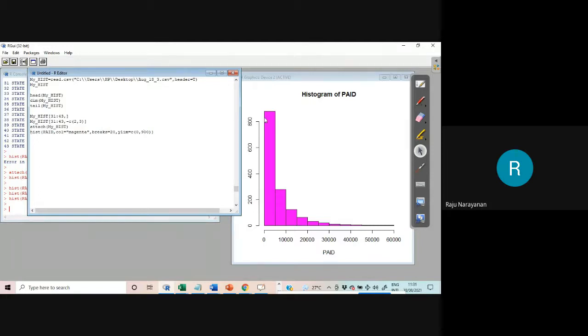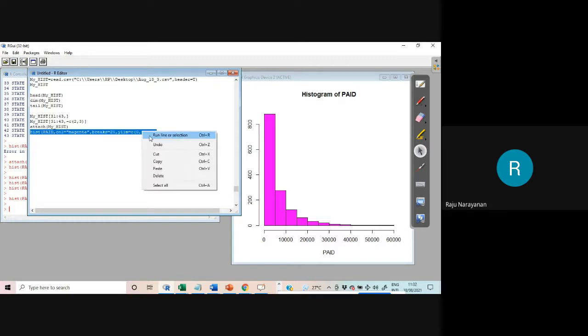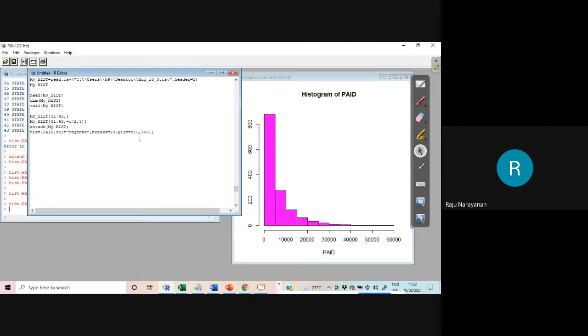Now you can see, keep this in your mind. It is already fixed, I think. Yes, 0 to 1000. Now you can see this one is somewhere here. This is the number of observations.